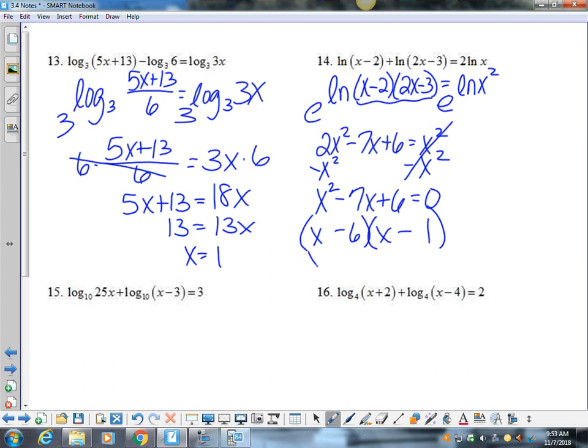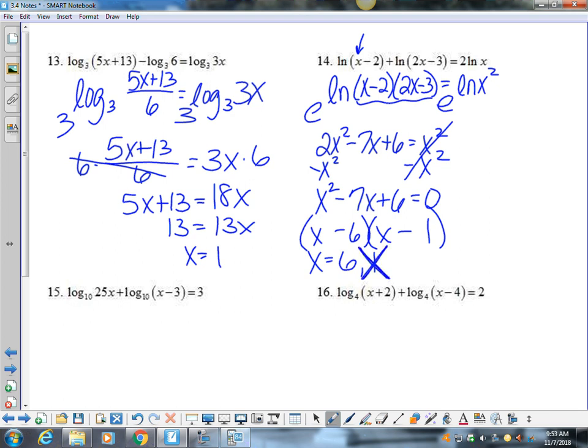So x equals... That's like finding 2 puppies on the side of the road. Can I keep them? Can I? Why can I not keep the 1? Because if I plug a 1 in to here, 1 minus 2 would be a -1, and that makes me log a negative number, and that's no bueno.